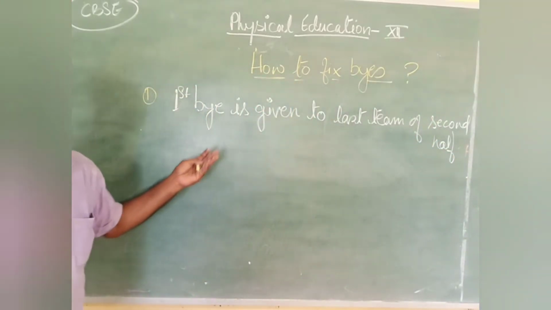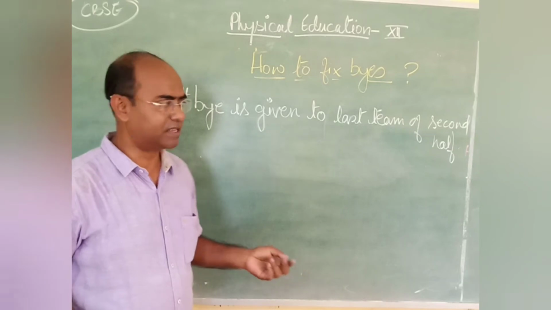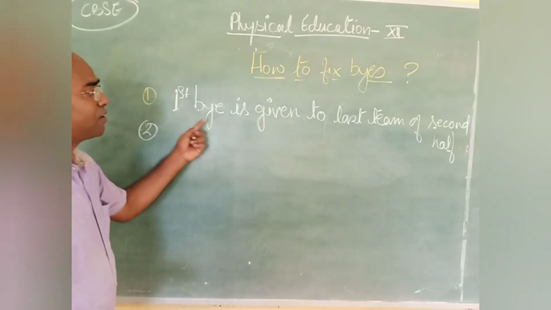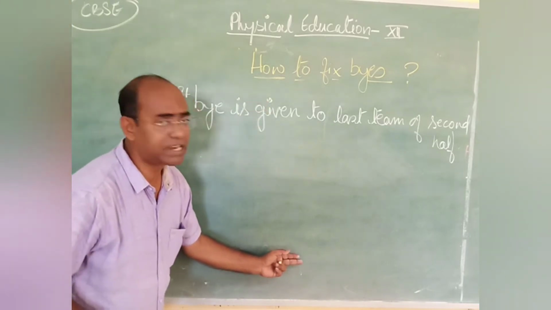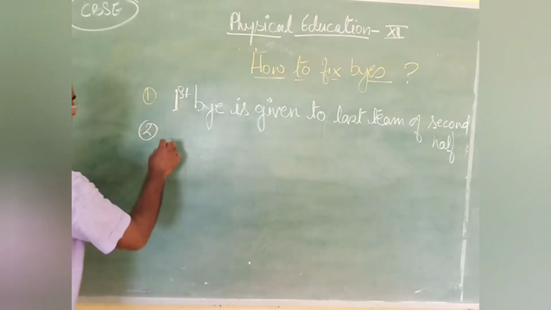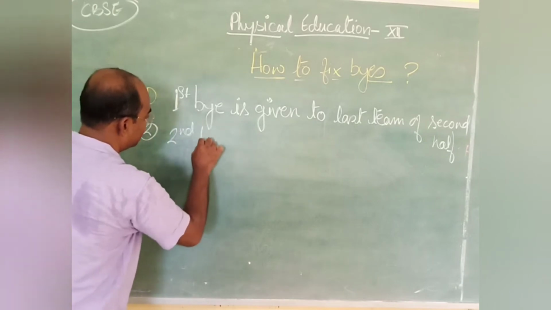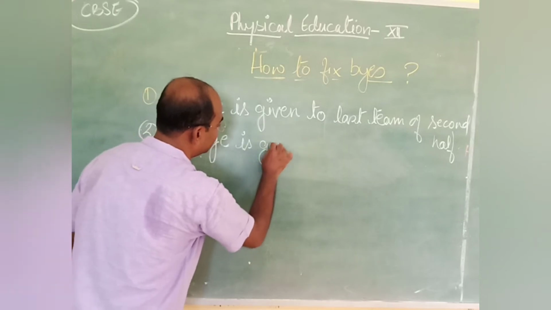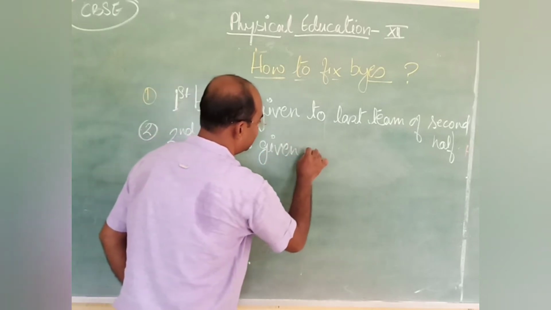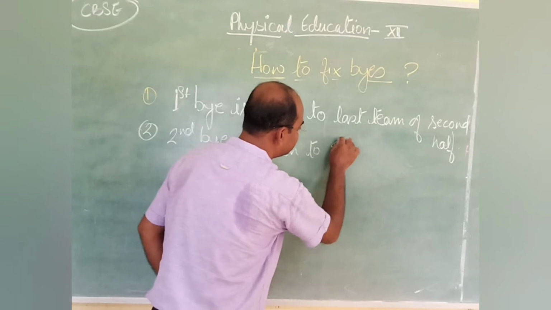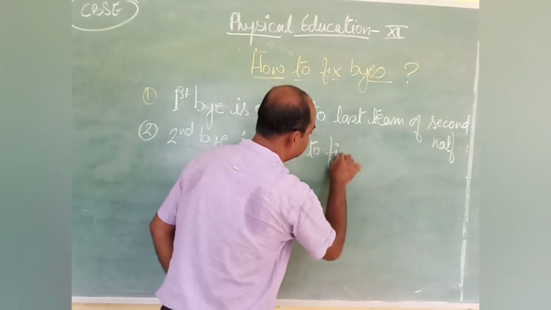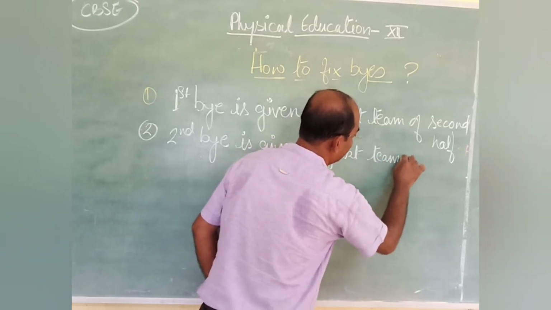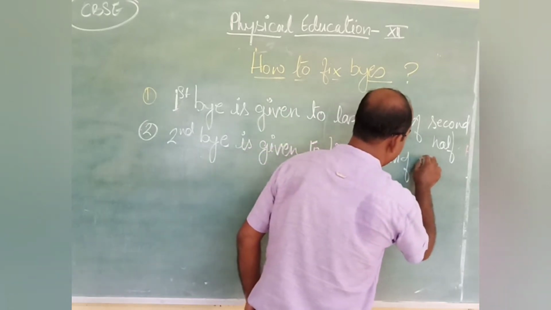Okay, when we make the fixture, we will apply all this. Next, second buy. First buy already we have given to the last team of second half. Then second buy is given to the first team of first half, upper half.